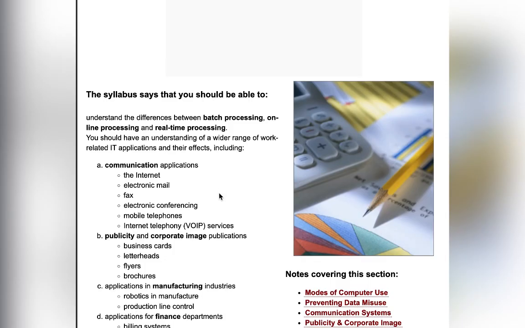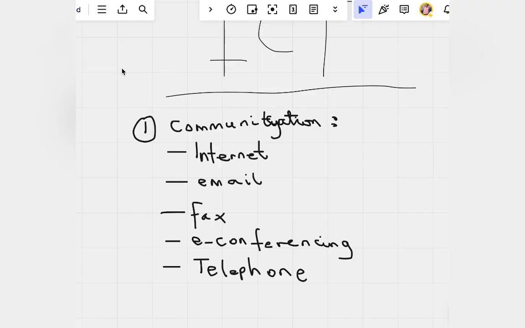Another one is internet telephony. Apart from mobile telephone, we also have internet telephone. So I just put them together as telephone. One is mobile telephone in the office, and the other one is internet telephone. These are areas where ICT finds application in the workplace.